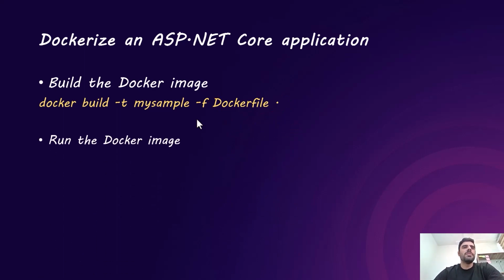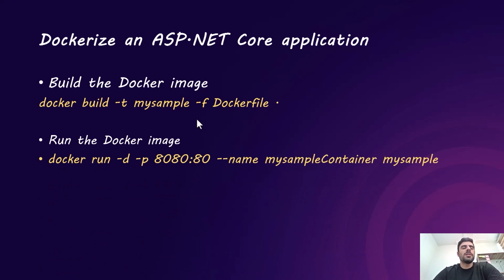After building the image, I need to run the Docker image in order to test it and see if it's working. In order to run the Docker image, I can use the docker run command. The -d switch shows that the application runs in the background. The -p switch is very important in running a Docker image.